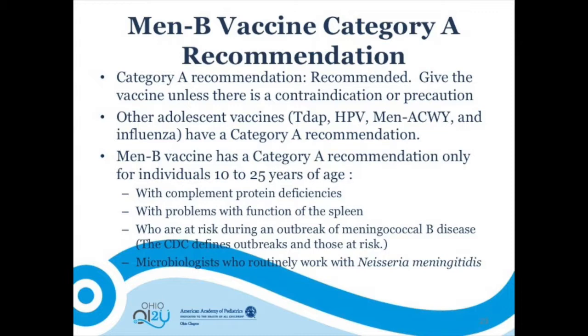The only individuals that have a Category A recommendation for meningococcal B vaccine are those individuals 10 to 25 years of age who have one of the following problems: a complement protein deficiency, problems with function of the spleen, those who are at risk during an outbreak of meningococcal B disease. The CDC will aid in defining outbreaks and those at risk, and microbiologists who routinely work with Neisseria meningitidis.